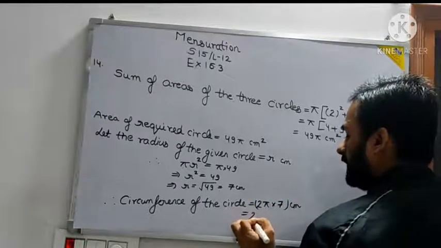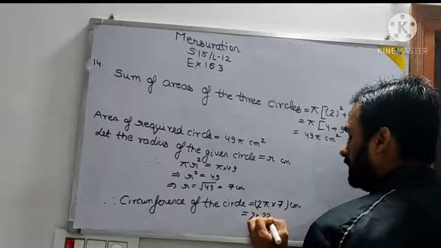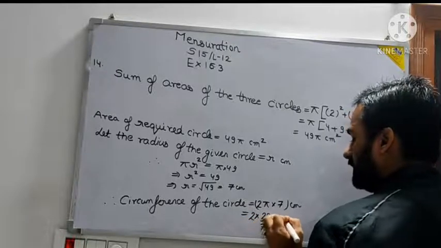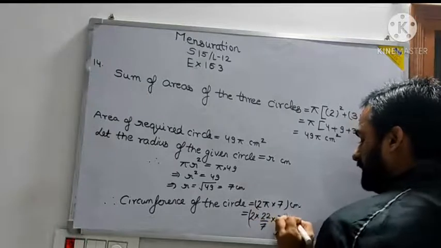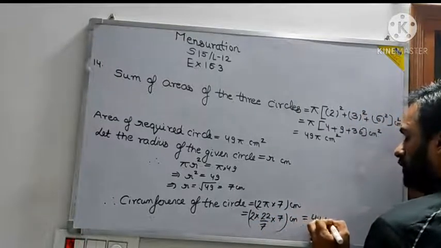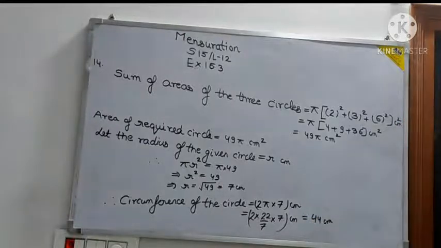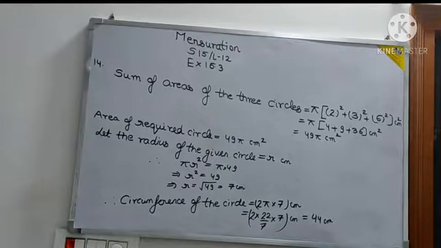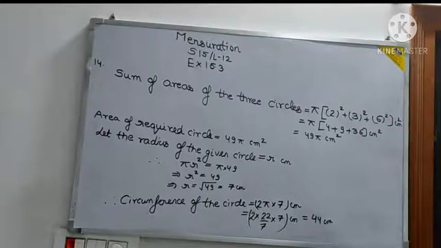Putting the value of pi, 2 into 22 by 7 into 7 centimeter, that is equal to, 7 cancels, 22 into 2 is 44 centimeter. That should be the answer. Let's look for the answer. Yes, and that is the answer.